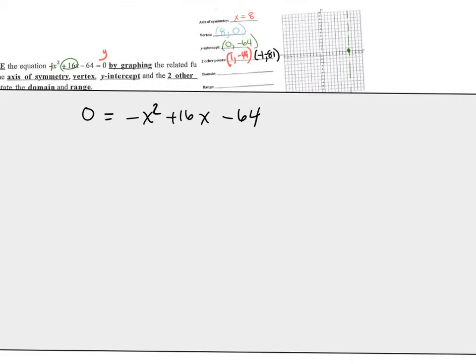And then I would change everybody's sign, so that a is positive. Then you would notice this is a special case. This is actually x minus 8 times x minus 8. So that means that x equals 8 is a root.